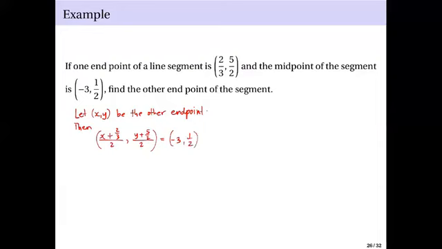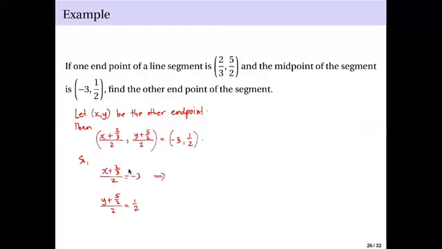So same solution as before. The x coordinates must be equal, and the y coordinates must be equal. So let's just write that. (x plus 2/3) over 2 must be equal to -3. And for the y, you have (y plus 5/2) over 2. This must be equal to 1/2. So we calculate for x.